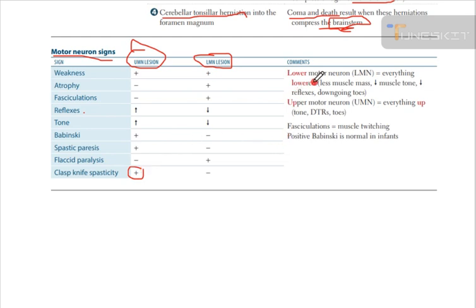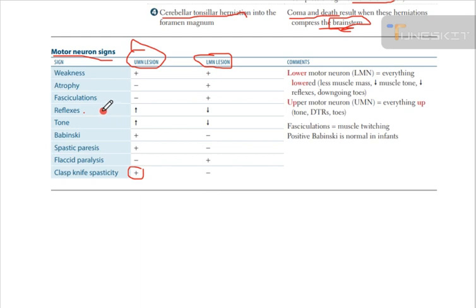So in lower motor neuron lesions, everything is lowered; everything is less. Weakness means less power, so it has weakness. Atrophy and fasciculations are also negative things.